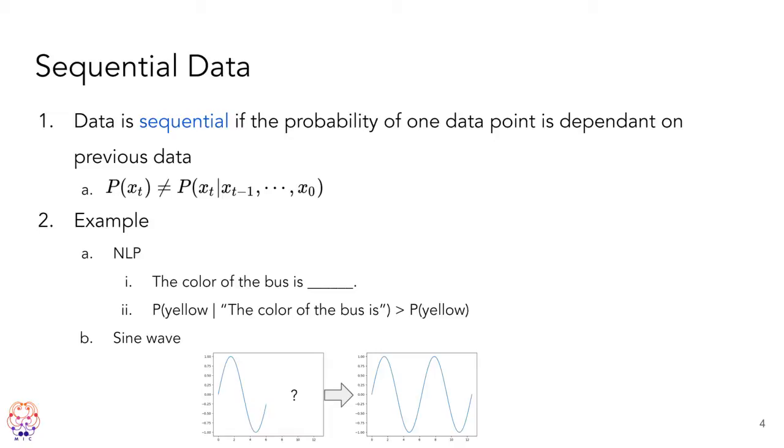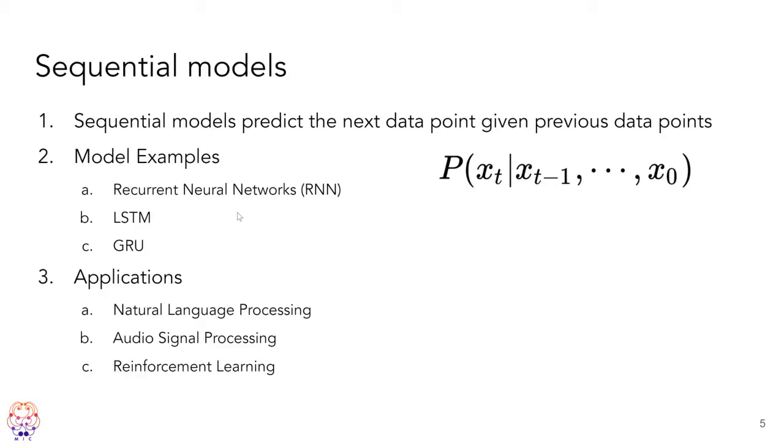In NLP, you usually model a single word as a vector, and a vector has multiple attributes of the word. So basically, that's what sequential data is, and now we're going to move on to sequential models.